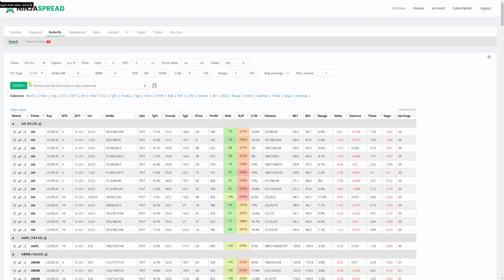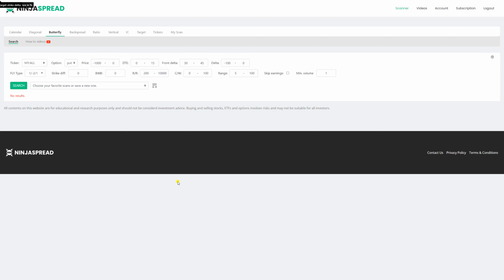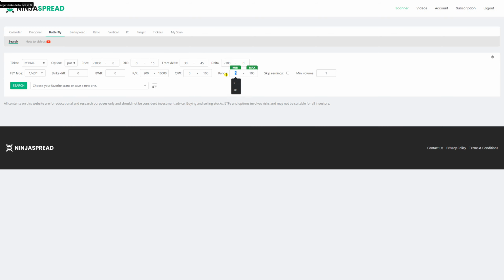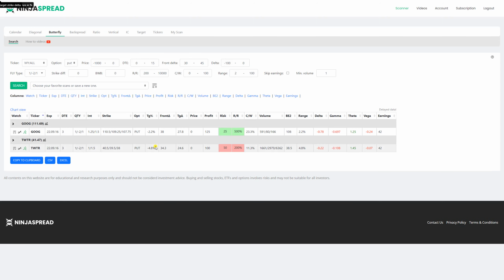Let's go back to credit and see if we get any credit, no credit, with 5% range. Let's try with lower ones. Google and Twitter offer me at least 0 price. It has a 2% away target price, and the reward to risk is 500%.